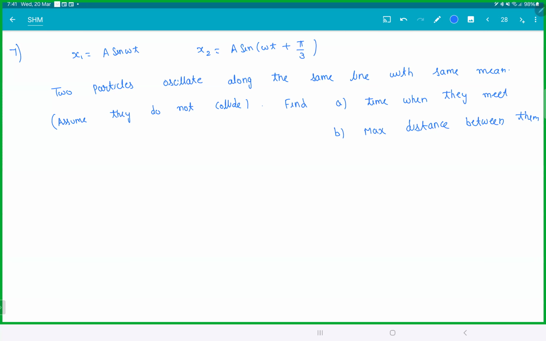Let's see, I don't know the answer. T/6. No, Lakshika, how will it be T/6? It means you are assuming the time taken when x1 goes from 0 to pi/3, the x2 will be sitting there and waiting for you. How to do? Maybe you're right. Let's see. Maybe you got the answer. T/6.